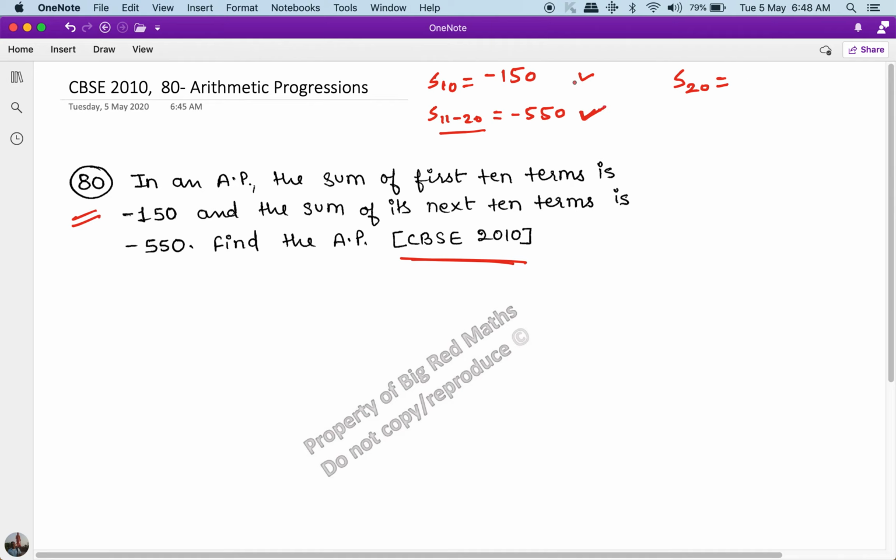So S of 10 is minus 150 and S of 20 is minus 700.